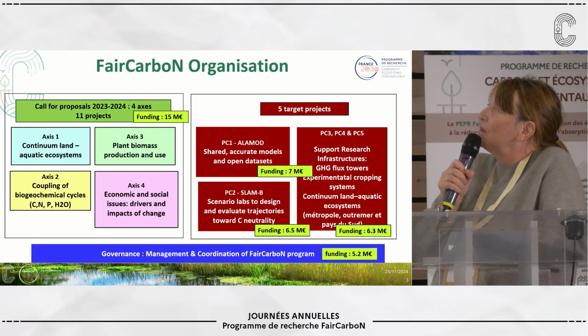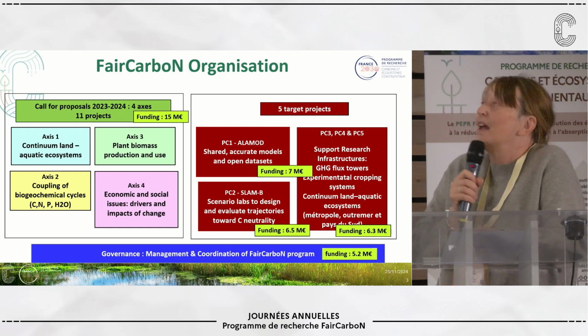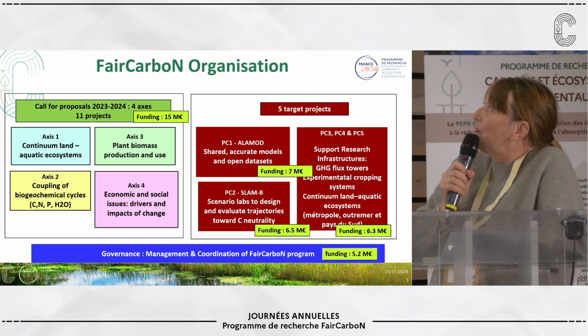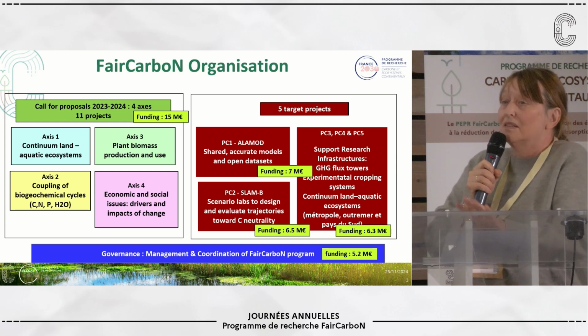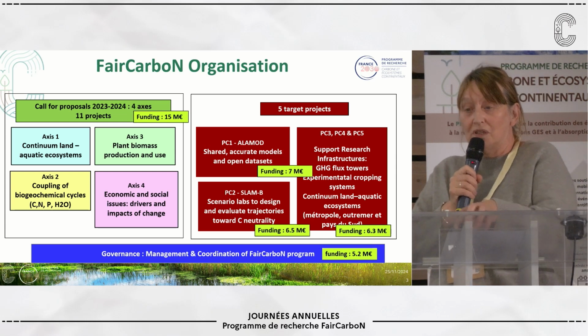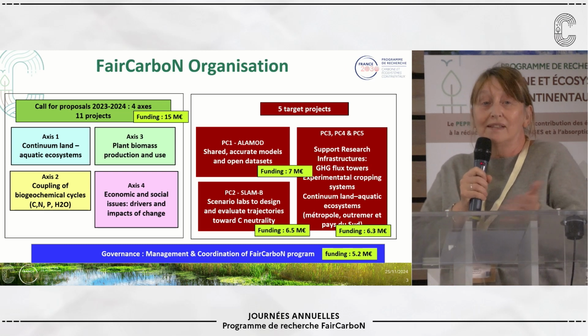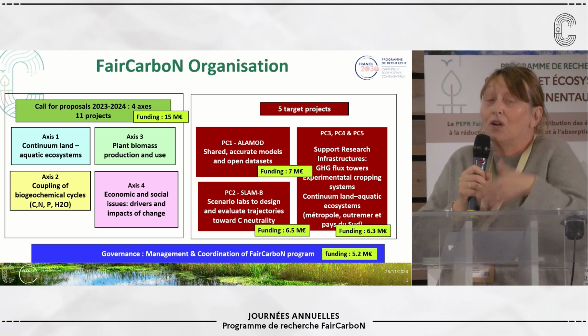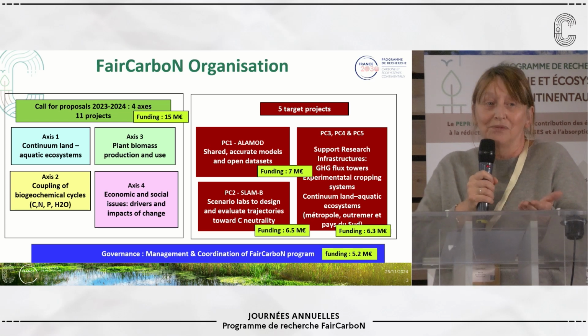We have the greenhouse gas flux tower called RIFT. The other one is the experimental cropping system, and the other one is about the continuum land-aquatic. They all use sites in France and also in southern countries. And these 3 target projects also have scientific questions, of course.